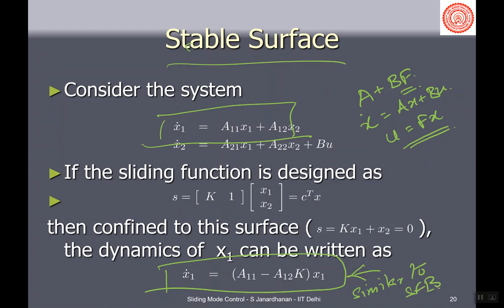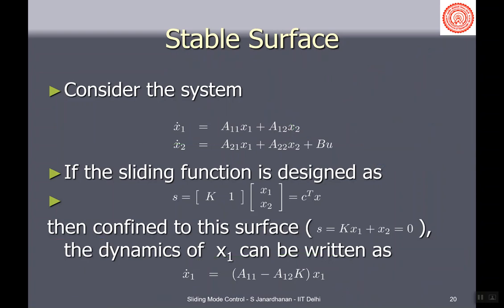So if you have techniques by which you can design a state feedback for a system like x dot equal to ax plus bu, then you can also use the same techniques to design a sliding surface for this sort of systems.